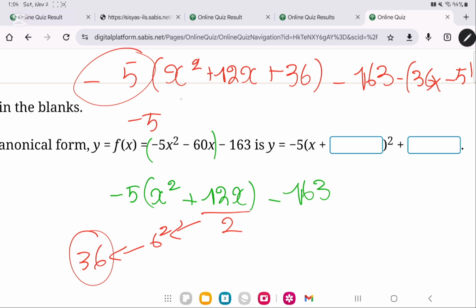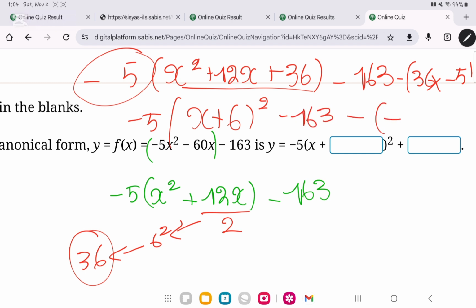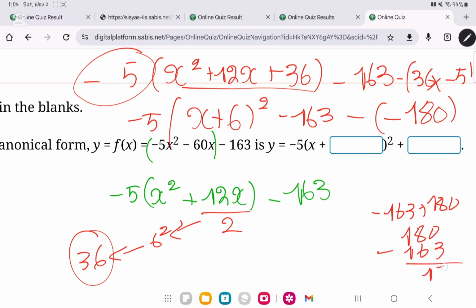So solving it even further, you're gonna have minus 5. Then this is a perfect square, which is x plus 6 squared, then minus 163 minus 180. So that is minus 163 plus 180. 180 minus 163 is, I believe, 17.